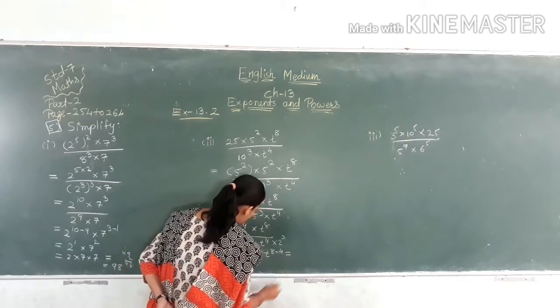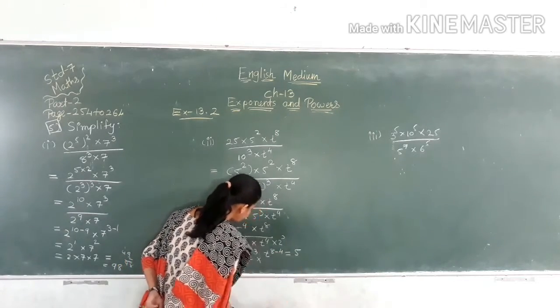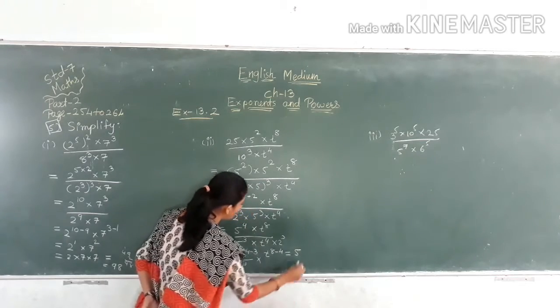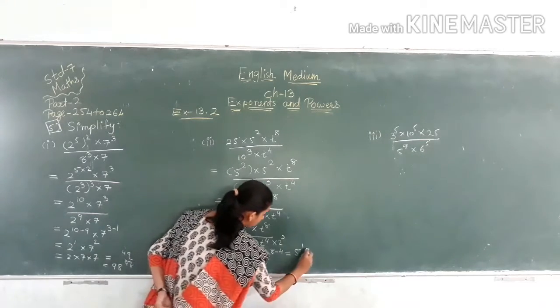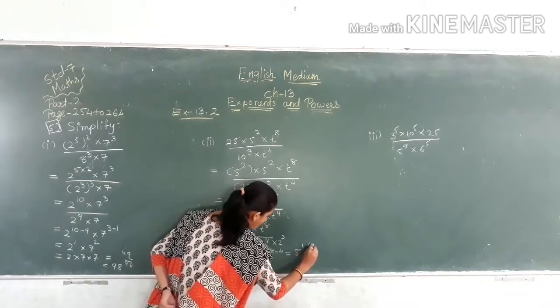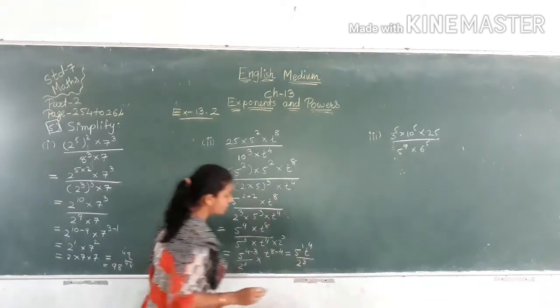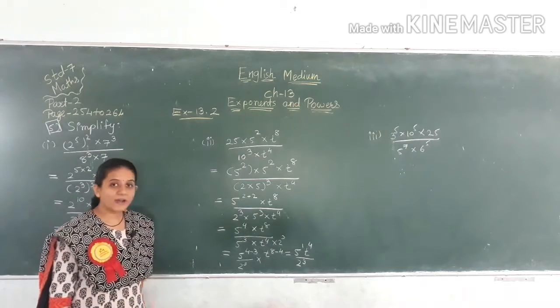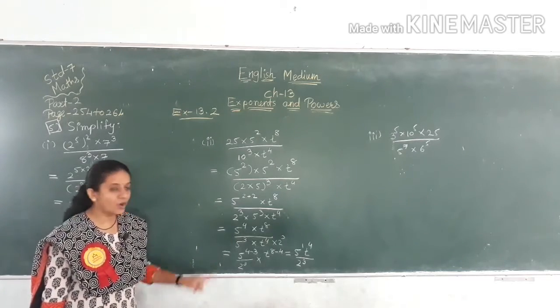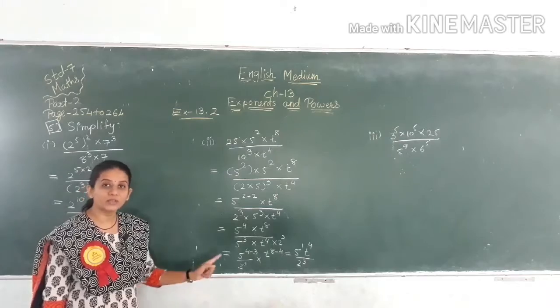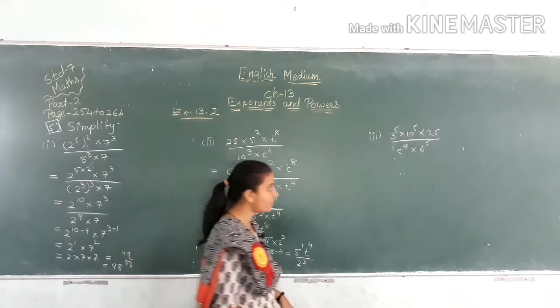So here 5 raised to 1, t raised to 4, out of 2 cubed. So the answer is 5t raised to the power of 4 divided by 2 raised to the power of 3.